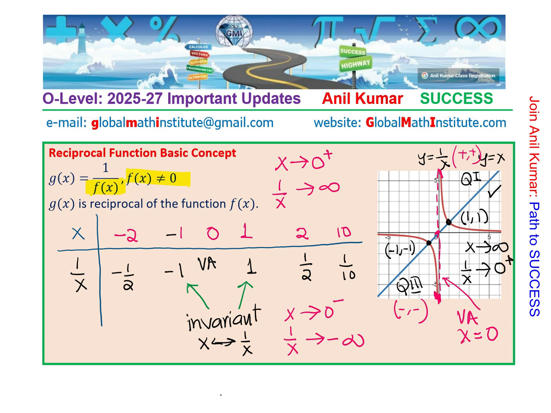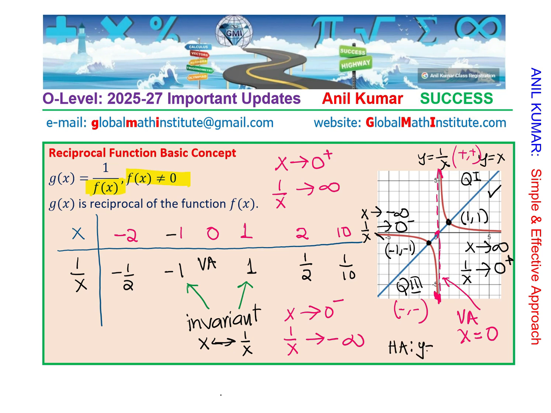And here you can see when x approaches negative infinity, 1 over x approaches 0 but from below the x-axis. So you can see how it approaches, and this is called a horizontal asymptote, right? So the horizontal asymptote is y equals 0 for a reciprocal function as shown here. Makes sense? So with that, we have summarized the characteristics of a reciprocal function.